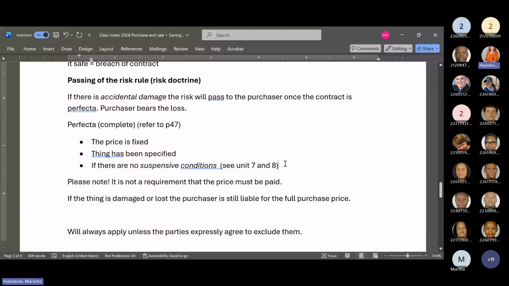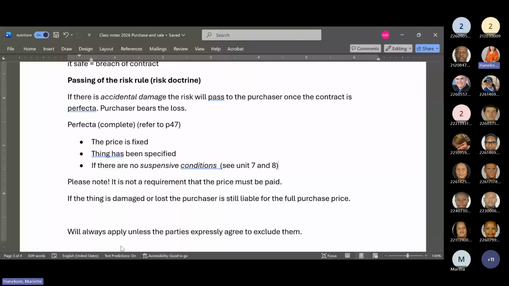The agreement that if Stacy's father will give her the money is a suspensive condition. If her father says, no, I'm not going to give you the money, then the condition is not fulfilled and the whole contract will lapse. It will fall away.